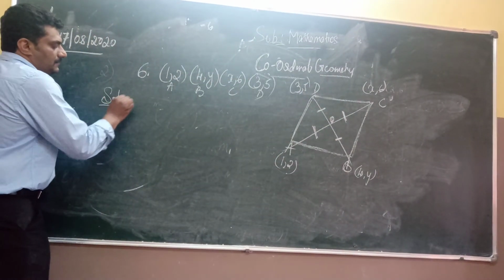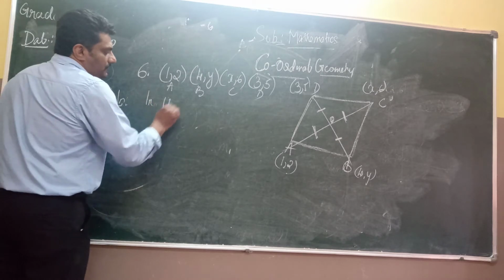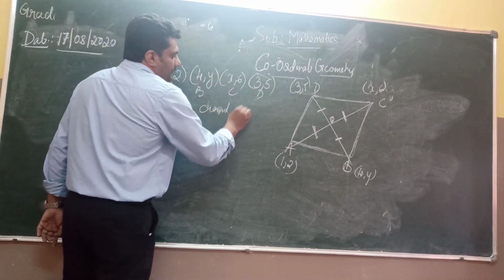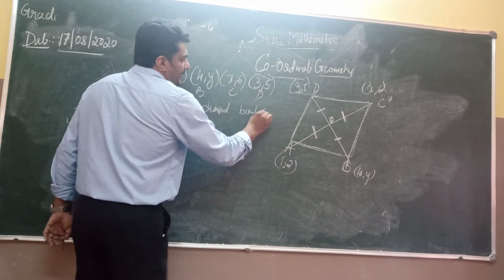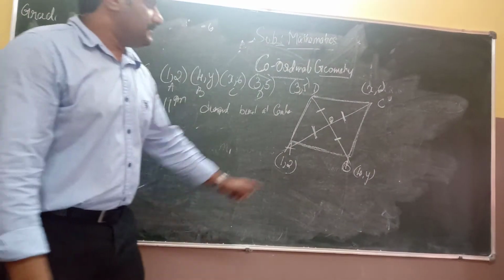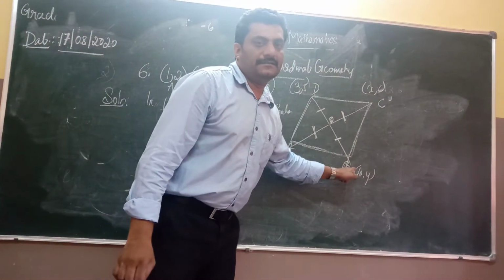Solution. In a parallelogram, diagonals bisect at the center. That means this is the midpoint of this line.